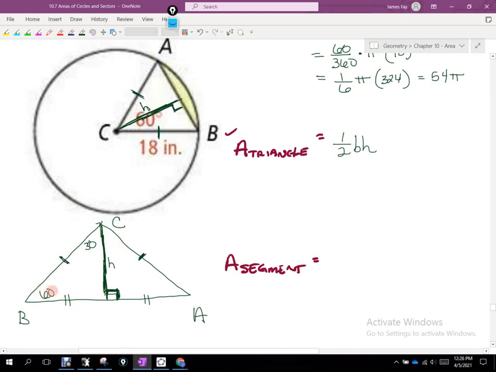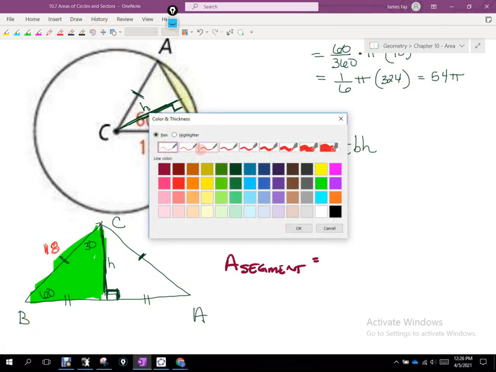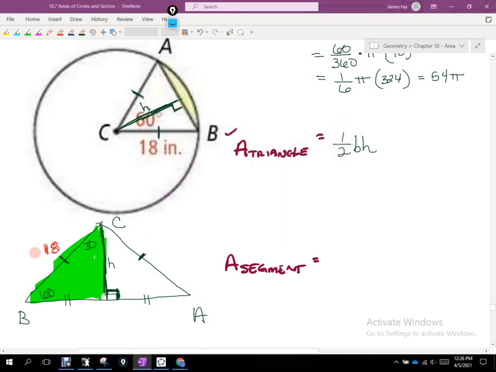This is 60. Do we now have a special right triangle right here? Do you know one of its side lengths? You know that's 18, right? What side is that in a 30, 60, 90? 2n. So n would be 9, right?